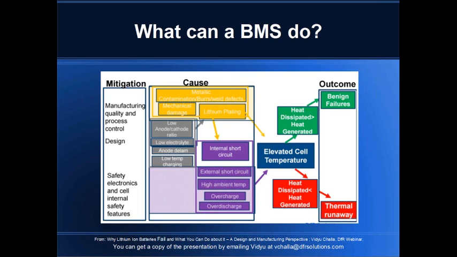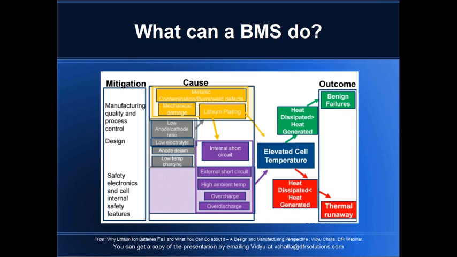On the left-hand side, in the chart here, you can see different aspects that can lead to elevated cell temperature in purple, and different events that can lead to lithium plating.